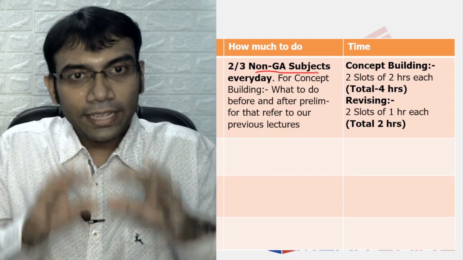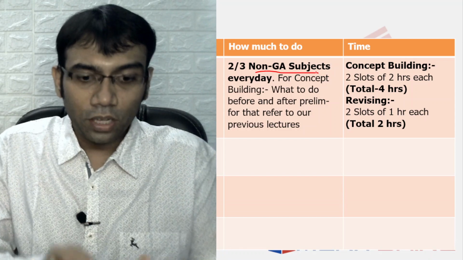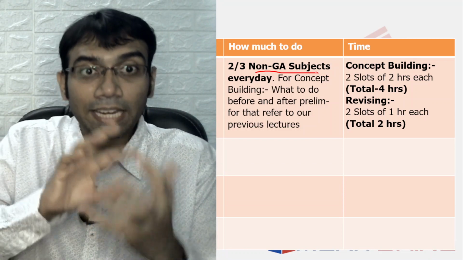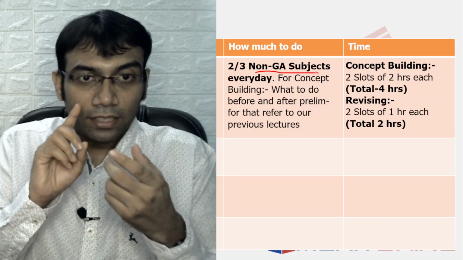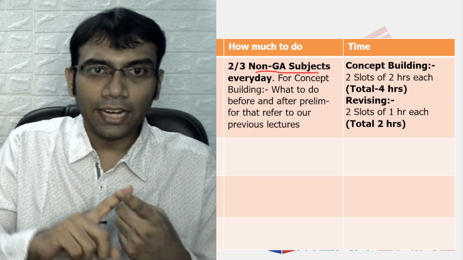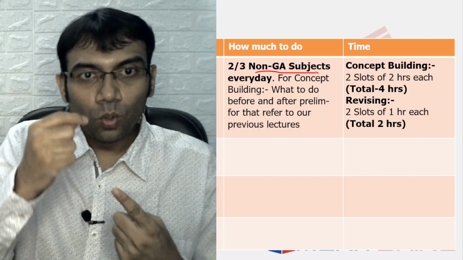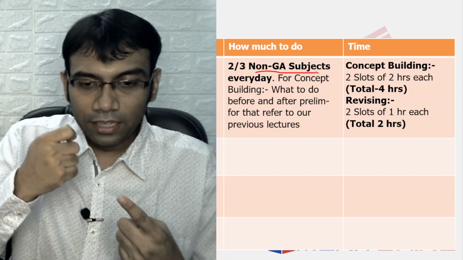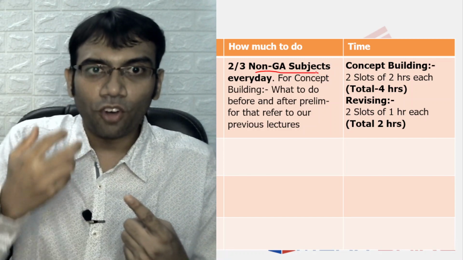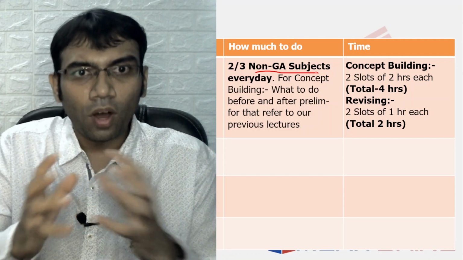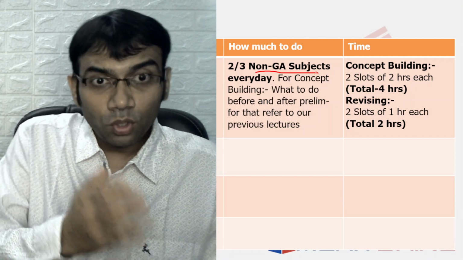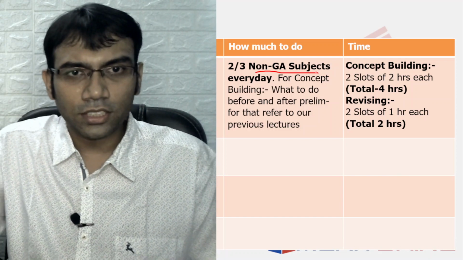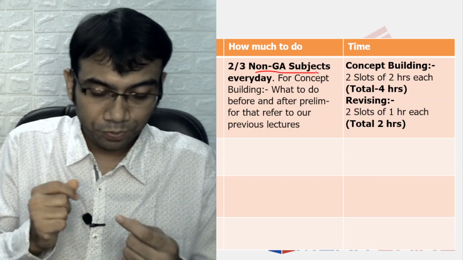So the idea of a daily schedule is always to mix and match all subjects, all topics. There are two reasons to it. One is that when you mix and match, you have energy reserves always for small 2-hour sessions, but you don't have energy reserves for 6 hours or 5 hours at a stretch.